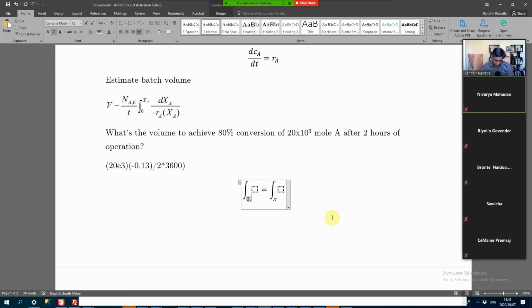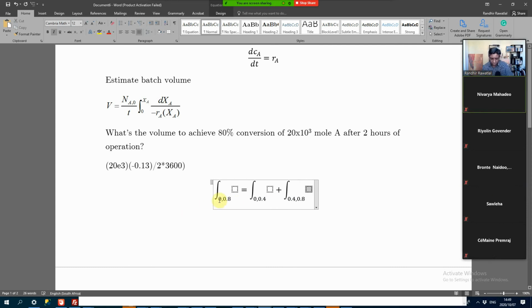So we would like to integrate from 0 to 0.8. And what we are going to do is break up this integral into some pieces. Let's just do 2 panels, 0 to 0.4 plus 0.4 to 0.8.